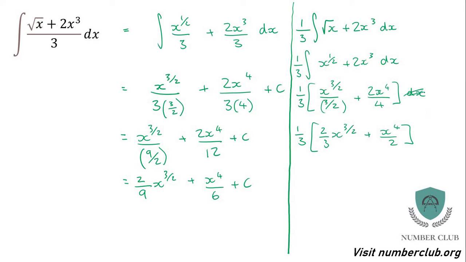And so we'll get 2/9 x to the power of 3 over 2 plus x to the power of 4 over 6 with a plus c on the end. Okay, and so you get the exact same thing.